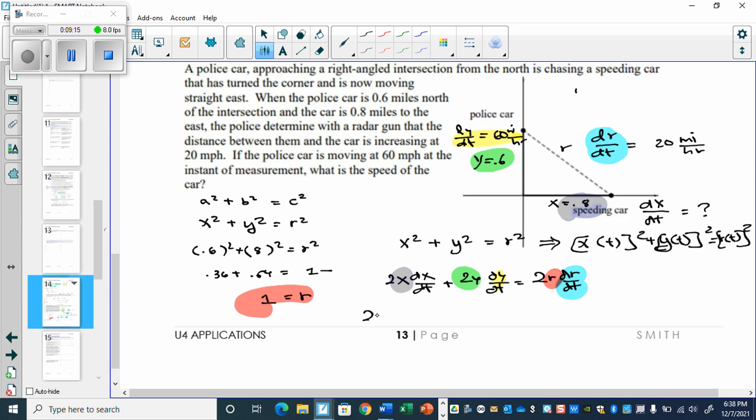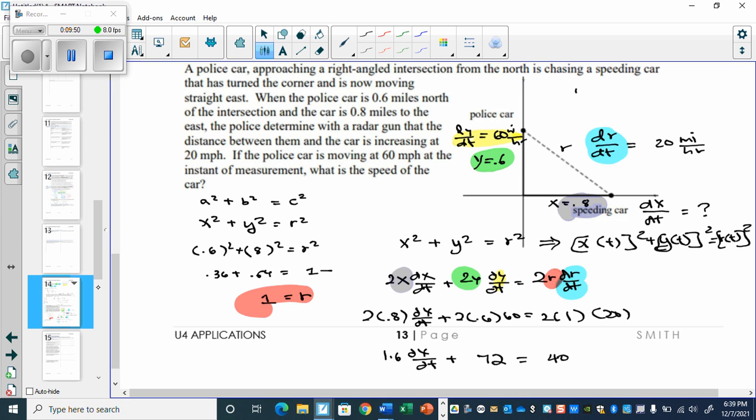So 2 times 0.8 times dx/dt, which I'm solving for, plus 2 times 0.6 times 60 equals 2 times 1 times 20. I get 1.6 dx/dt plus 1.2 times 60 is 72 equals 2 times 20 is 40.